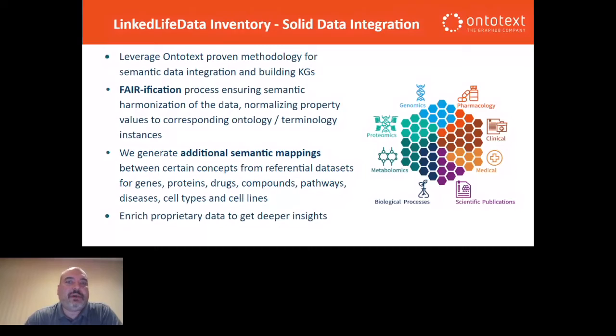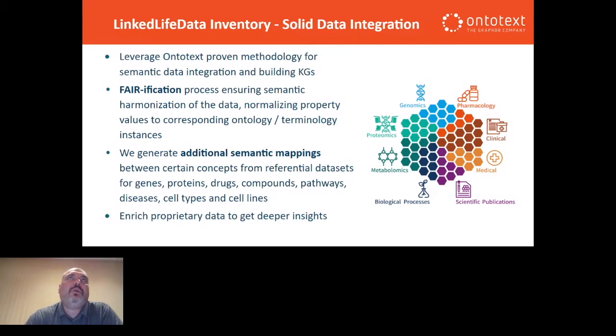The product itself is a solid data integration platform that uses our proprietary Ontotext methodology for semantic data integration and building knowledge graphs. At the core of this methodology are the verification steps that we have defined in the various workflows that ensure semantic harmonization of the data and normalization of all the properties to reference terminologies and ontologies.